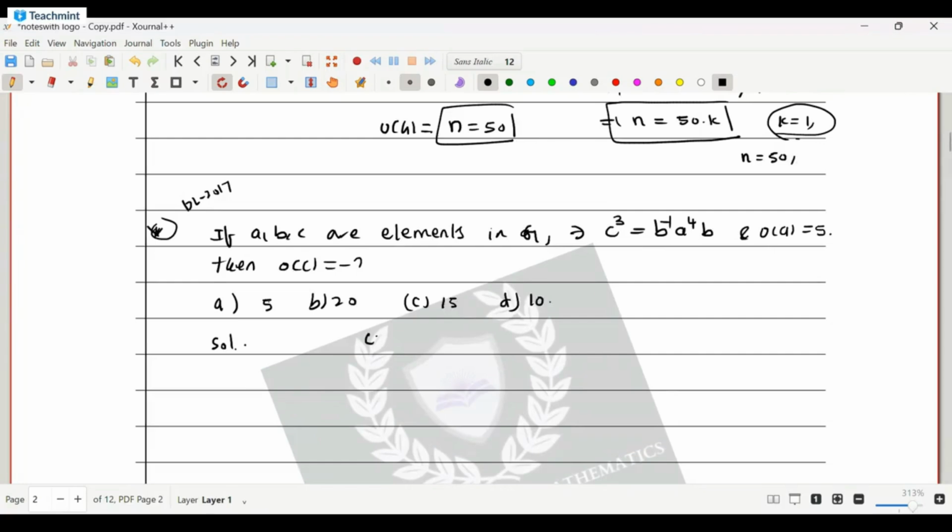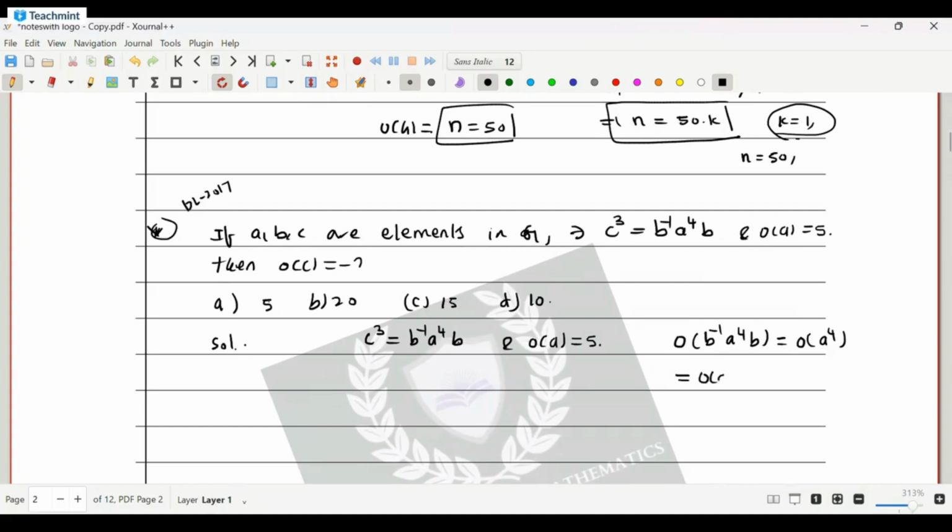It is given that c cube is equal to b inverse a power 4 b, and also the order of a is equal to 5. We know that the order of b inverse a power 4 b is equal to the order of a power 4, since b inverse a power 4 b is a conjugate of a power 4.